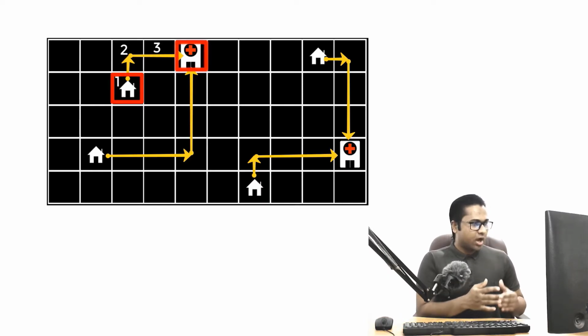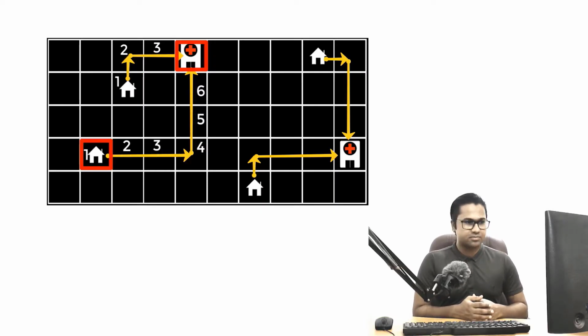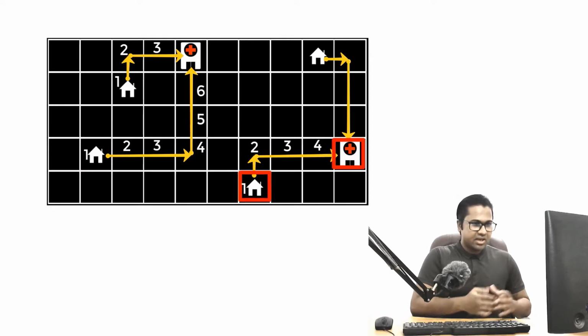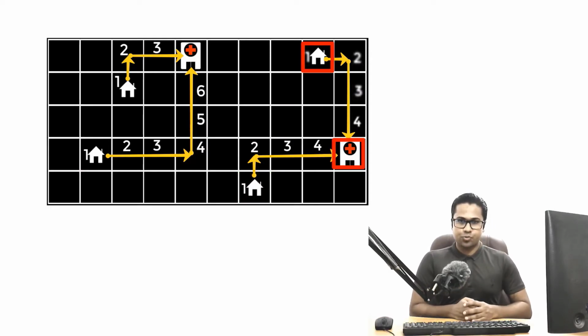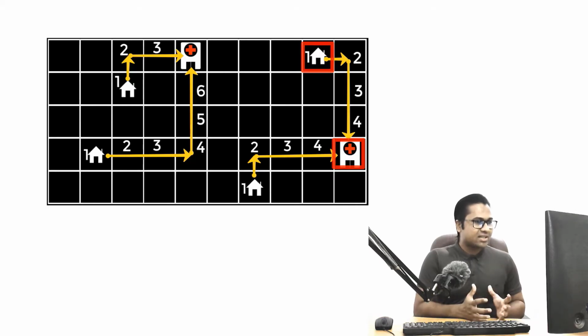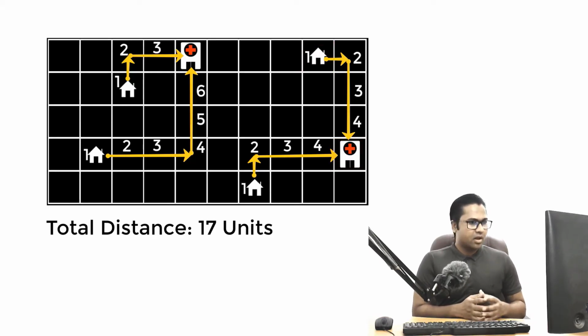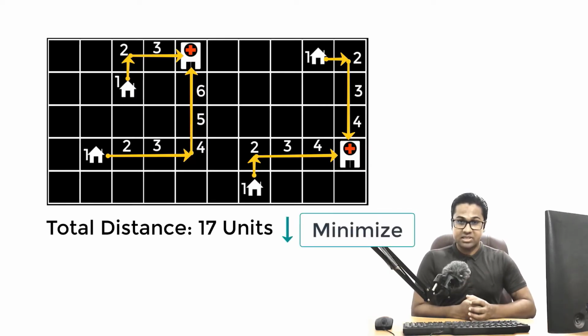The distance of the hospital from this house is 6 units. Here the distance is 4 units, and here it is 4 units as well. Together, 17 units of distance. The optimization goal here is to minimize this distance.